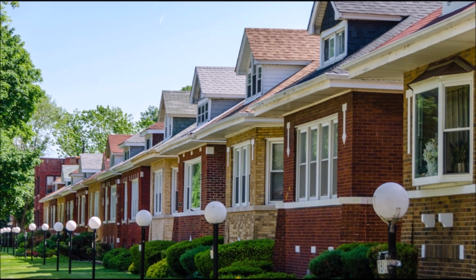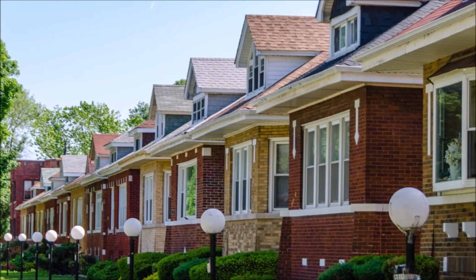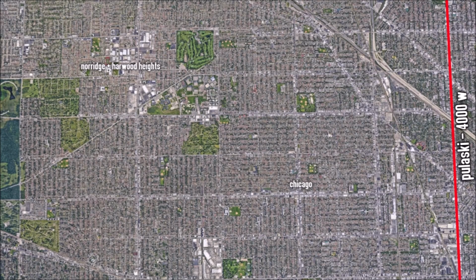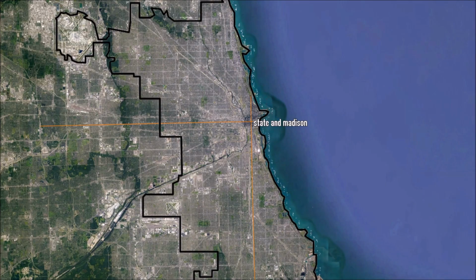Another quirk of Chicago streets can be found on the west side of the city, especially in the northwest and southwest. Between Pulaski and Cumberland, the north-south side streets have names beginning with the letters K, L, M, N, O, and P, in that order for intervals of about 1 mile each. This is a really distinctive characteristic of this part of the city, and it's pretty hard to get lost out there knowing this fact. And those are the basics of the grid.